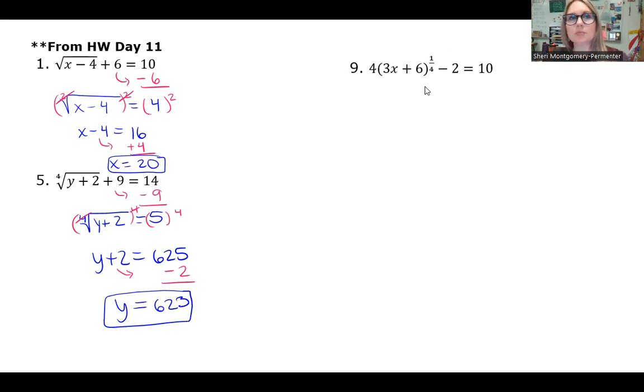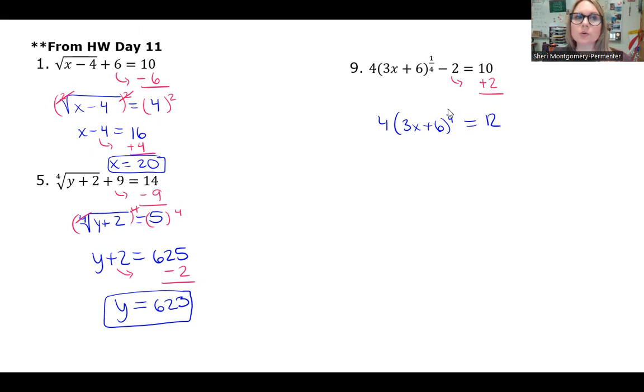The last problem. First thing that we got to do is get rid of this minus 2. So what's the inverse of minus 2? Plus 2. Ten plus 2 is 12.